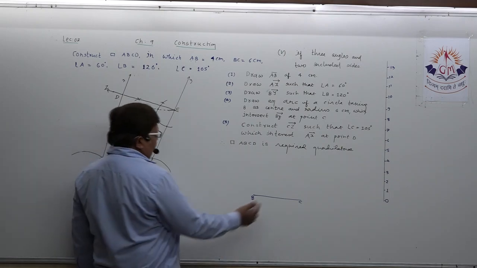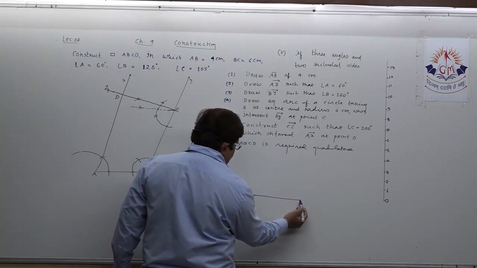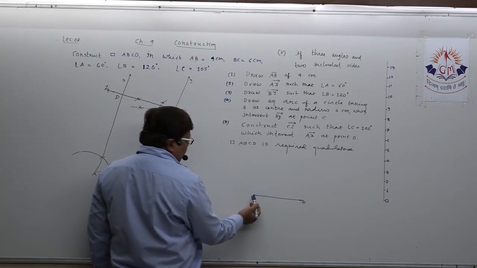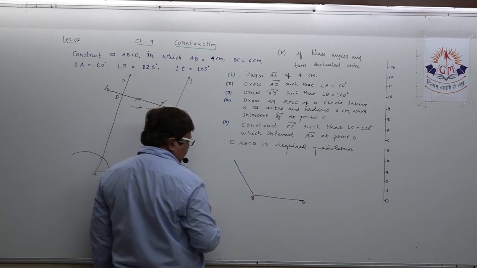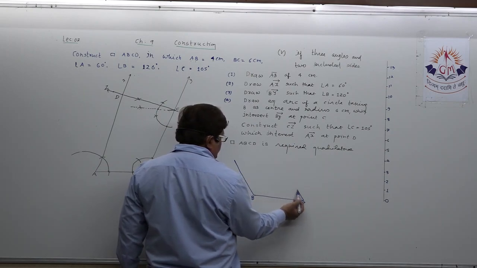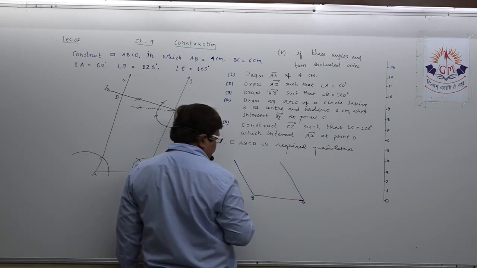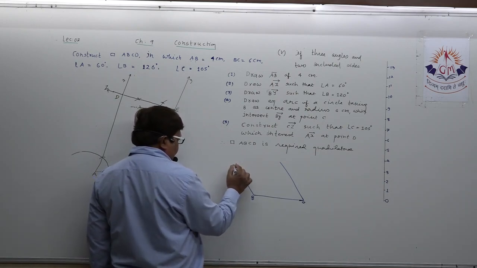After constructing BC, they have moved this way also. This is also okay. Then they have constructed angle of 120 degree at B, then angle of 105 degree at C. Here they must have got A.